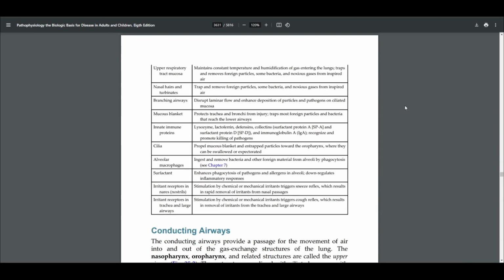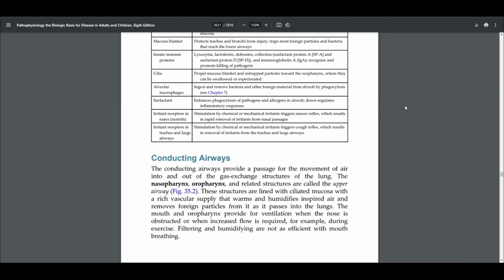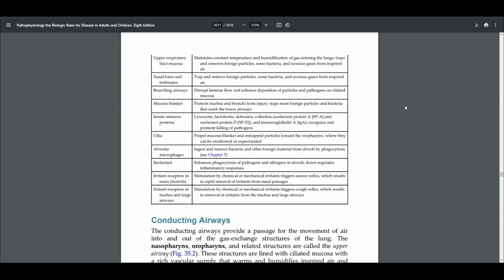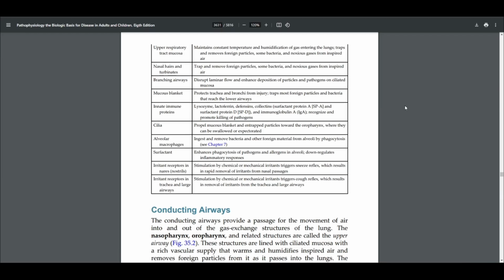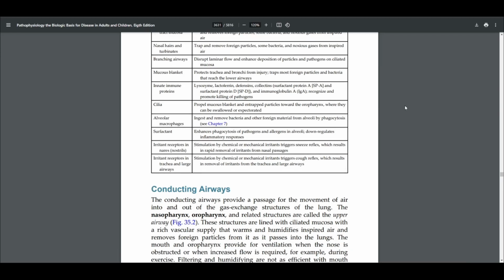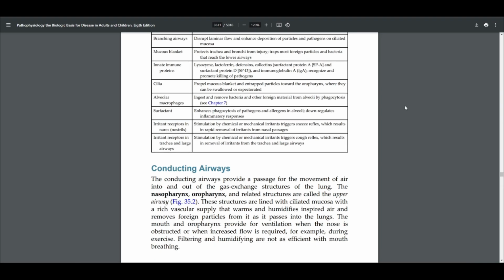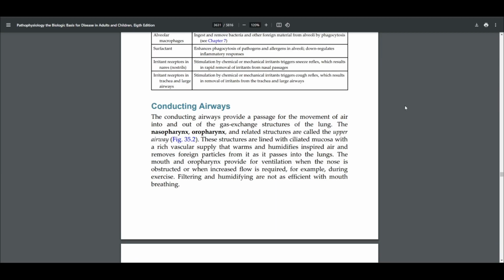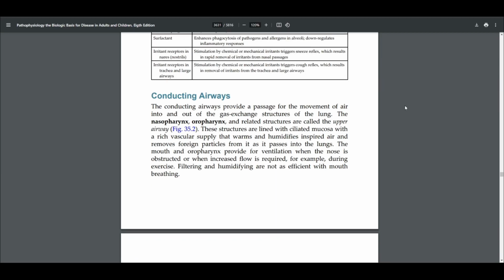So, a list of ways that the body will protect itself: upper respiratory tract mucosa, the hair in your nose, your branching airways, your mucus blanket, the innate immune protections or proteins, your cilia, alveolar macrophages, surfactant, your irritant receptors in the nares in your nostrils, and your irritant receptors in the trachea and large airways.